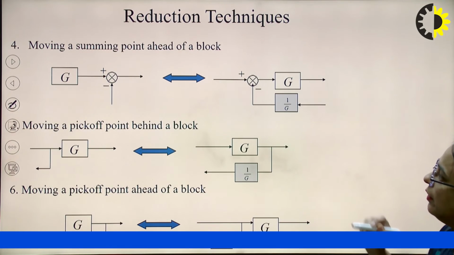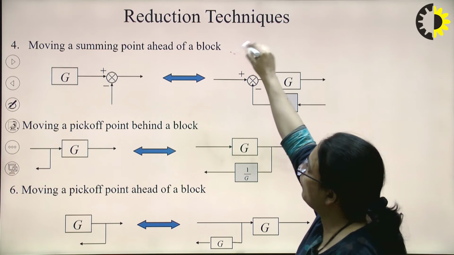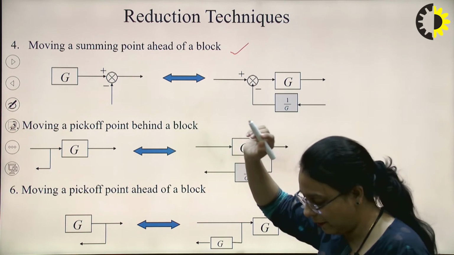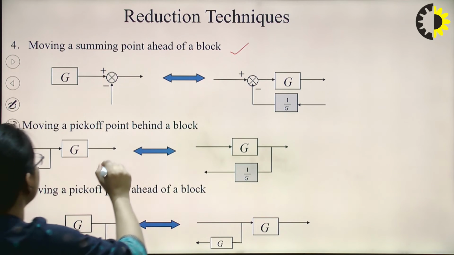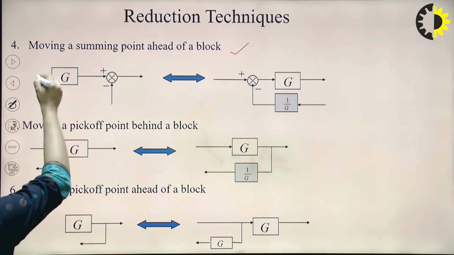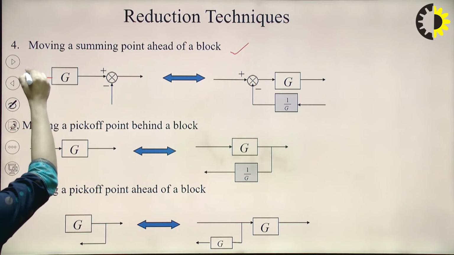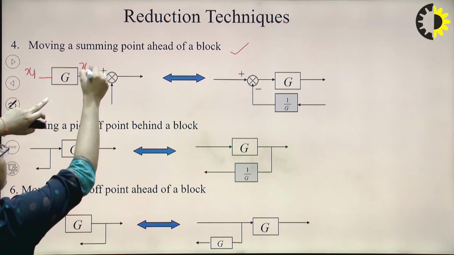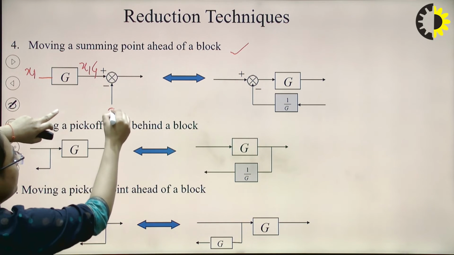Now coming to the next point, moving a summing point ahead of a block. Here again, there is a block g and one input x1. When I multiply, I get x1 into g; let this be x2.